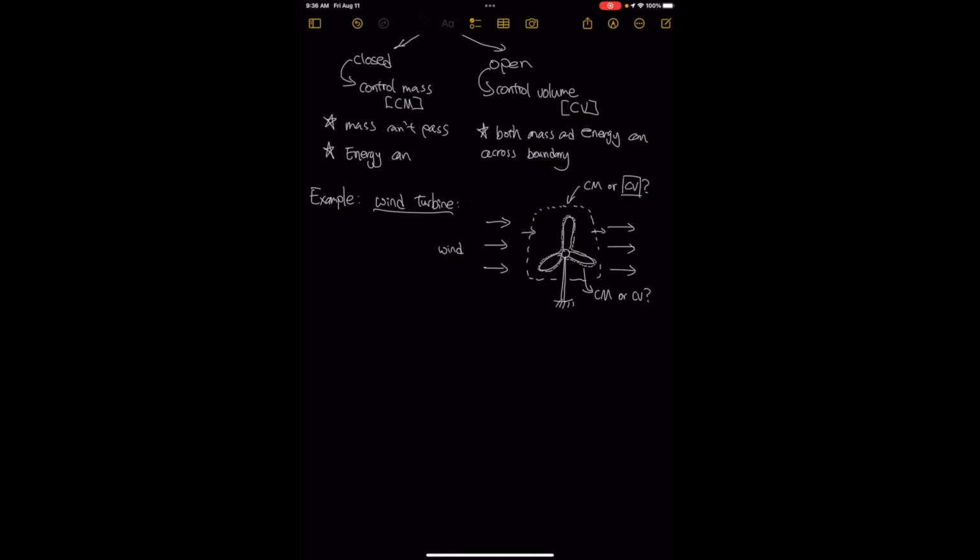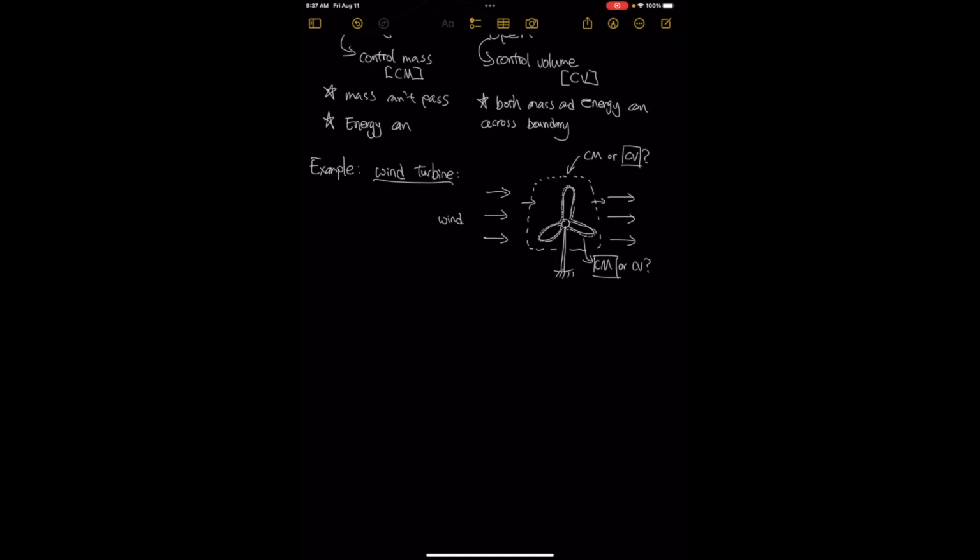Okay, here's the answer. Since we draw a very close contour line on the turbine blades, the air molecules cannot penetrate into the turbine blades, right? So in that case, mass cannot go through, but energy can, right? So it will be control mass. That will be the final answer, right?